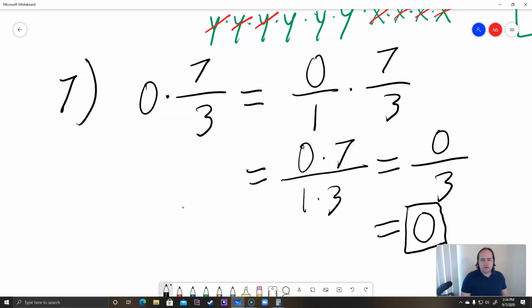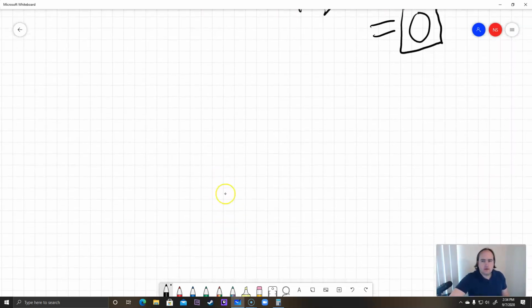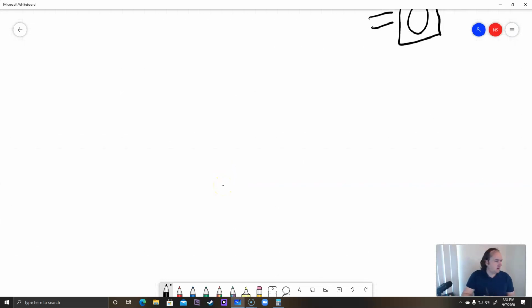That's actually probably the easiest problem on your homework, if you just know how to do it. Any number times 0 is 0, even a fraction.